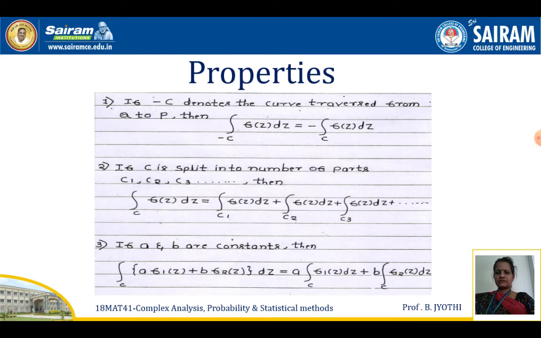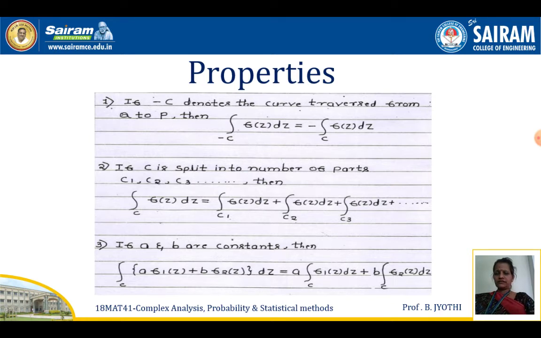The properties. First property, if minus C denotes the curve traversed from Q to P, then integral along that minus curve f of z dz will be minus of the integral along the curve f of z dz. That is the first property.